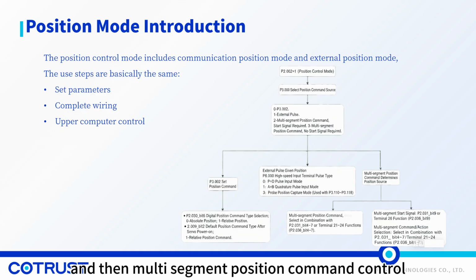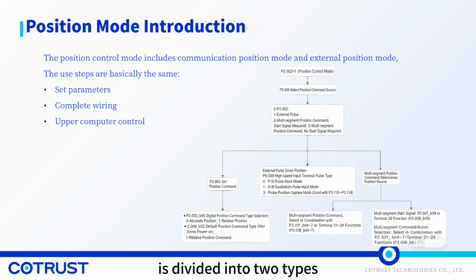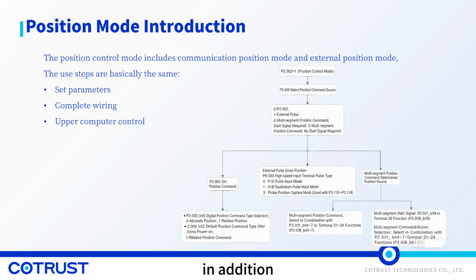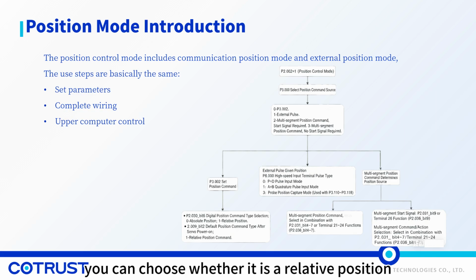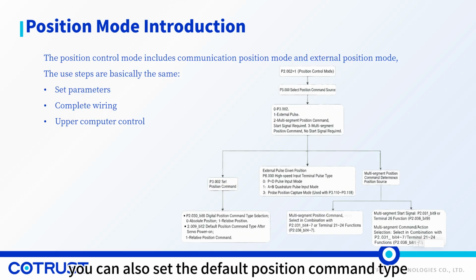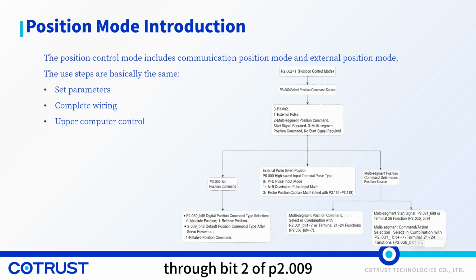Multi-segment position command control is divided into two types. One requires a start signal, and the other does not require a start signal. In addition, you can choose whether it is a relative position or an absolute position through bit 6 of P0.030. You can also set the default position command type after the servo is powered on through bit 2 of P0.009.